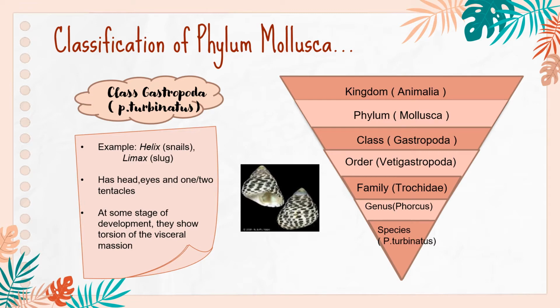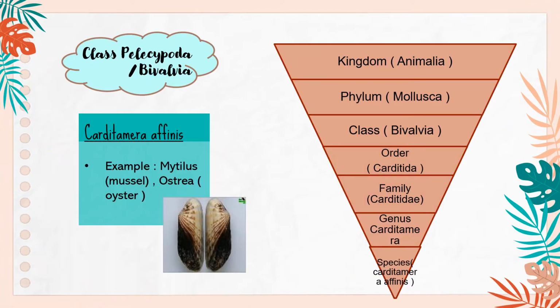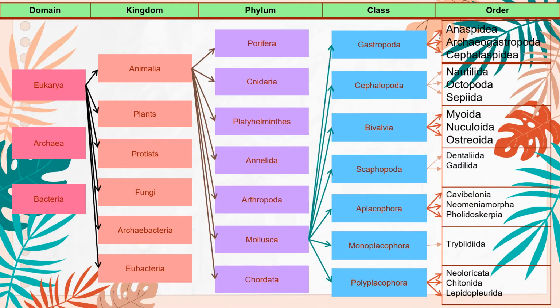So moving to the next point, which is the classification of phylum Mollusca. Here we have three domains, which are Eukarya, Archaea, and Bacteria. Eukarya is divided into six kingdoms.